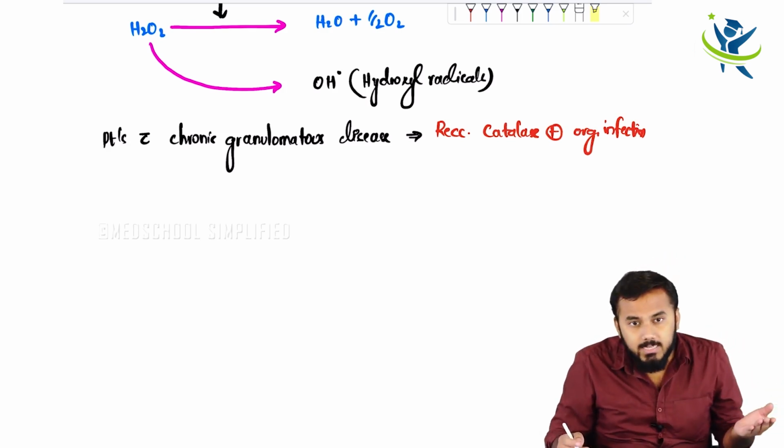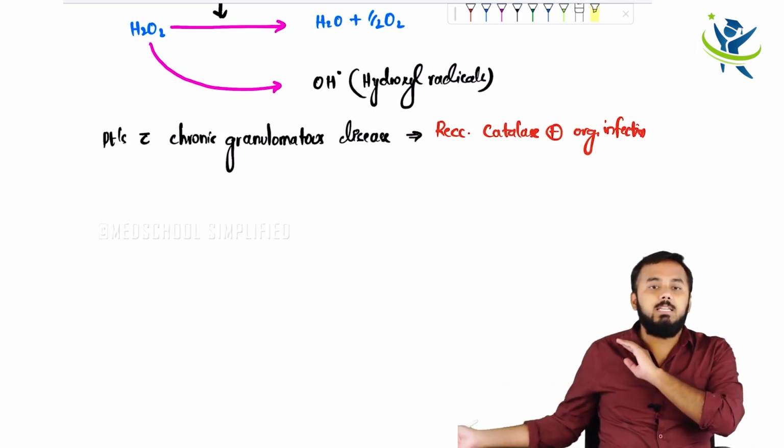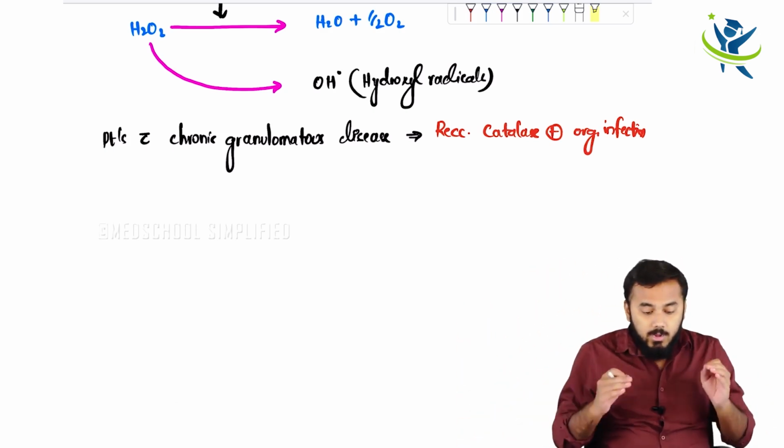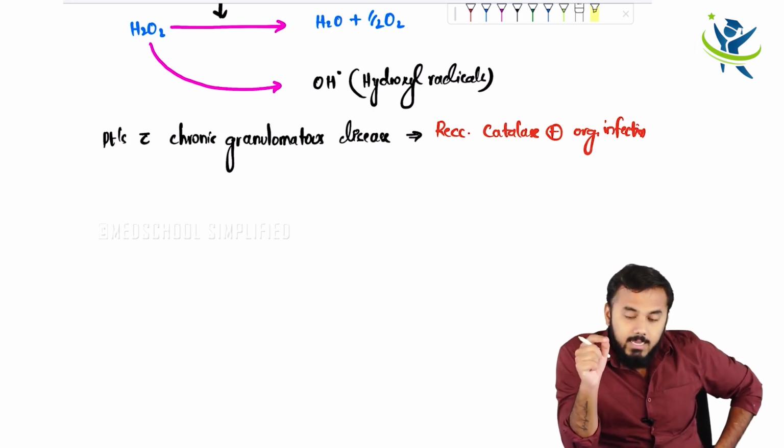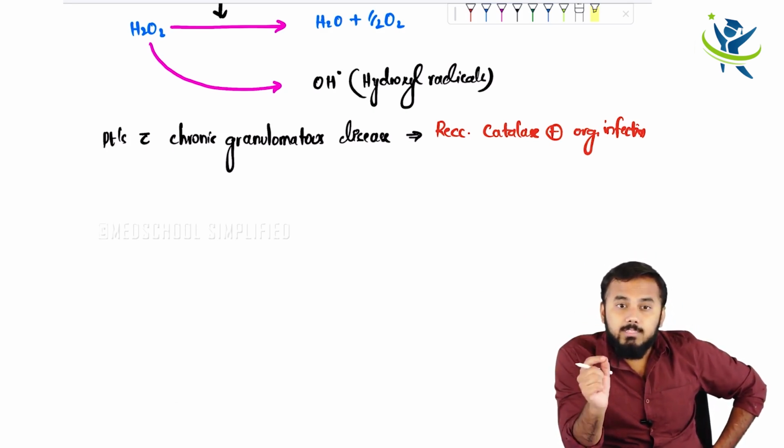What is chronic granulomatous disease? Those things I will be discussing later on in pathology. But now what you need to know is that patients with chronic granulomatous disease will have recurrent catalase positive organism infections.